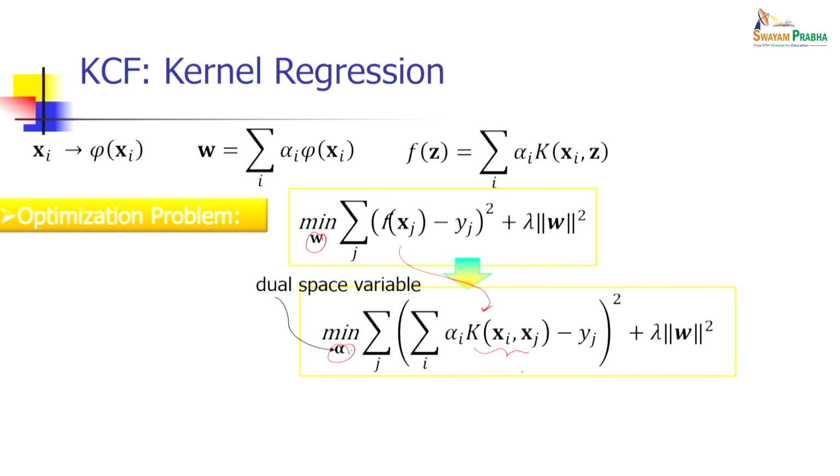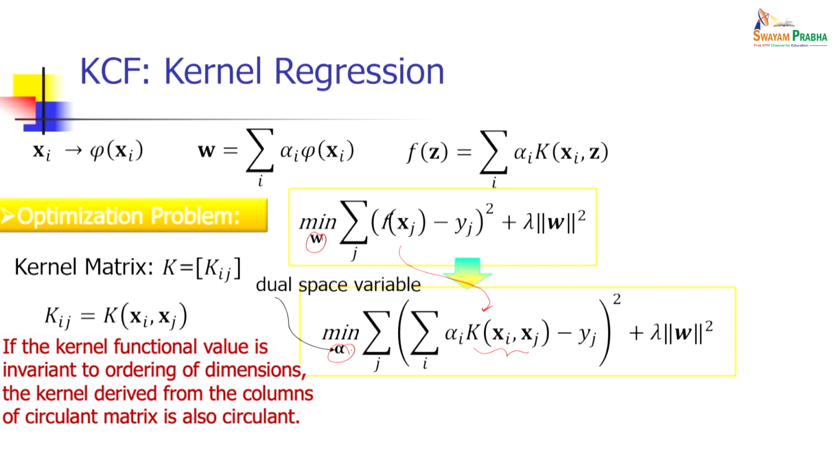This equation. So these are the data elements. So the kernel function value is invariant to the ordering of dimensions. That is important. The functional value should be invariant to the ordering of dimensions.